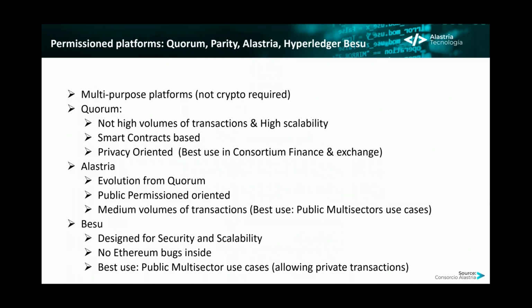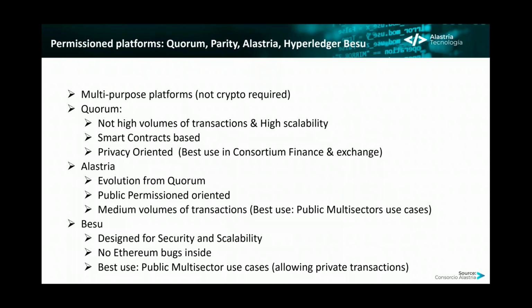The main ones are usually Ethereum clients like Quorum. Quorum is the solution you need to select if your use case is basically oriented to finance and exchange in a consortium, because Quorum is privacy oriented.